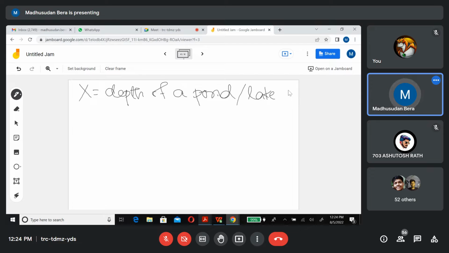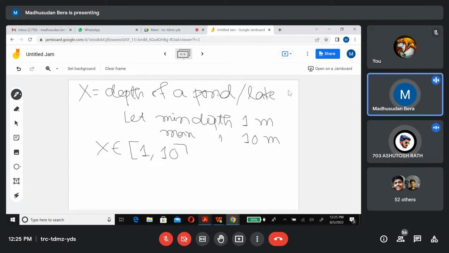Suppose the minimum depth is 1 meter and the maximum depth is 10 meters. Then X belongs to which range? 1 to 10. X takes all values, so that is an interval. So X is a continuous random variable. Is that okay?